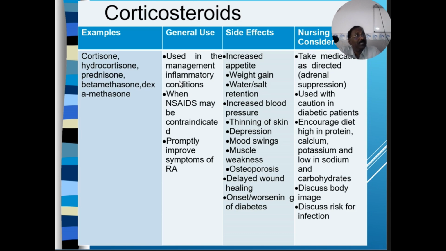In the renal, yes, in nephrotic syndromes we use a very high amount of steroids. Name any organ, any system, there is a role for steroids, but these are double-edged weapons. One should be very careful. When NSAIDs may be contraindicated, they promptly improve the symptoms of rheumatoid arthritis.